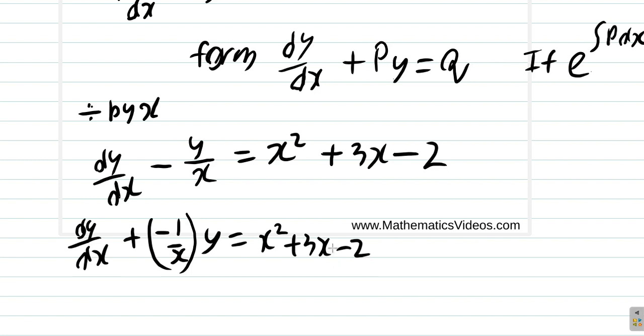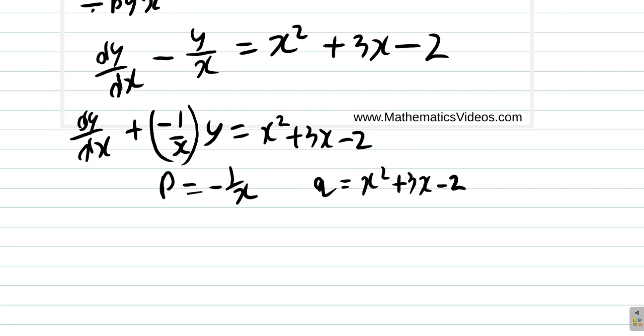Now, you can see that p is equal to negative 1 over x. Right? And q, of course, is x squared plus 3x minus 2. Now, the integrating factor here is e to the integral of p dx, but p is negative 1 over x dx.